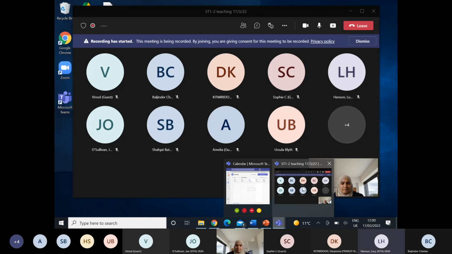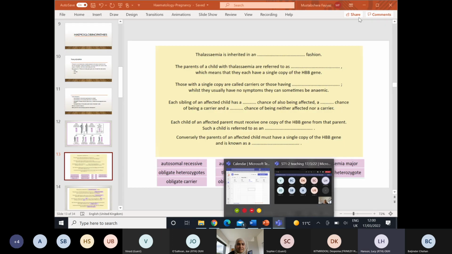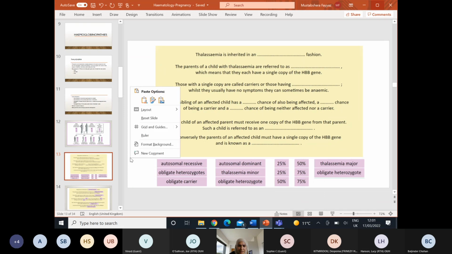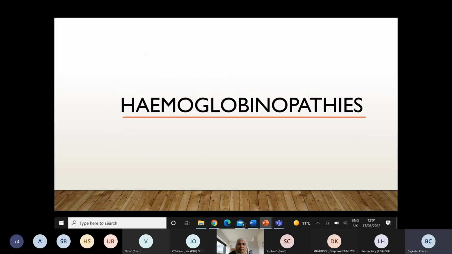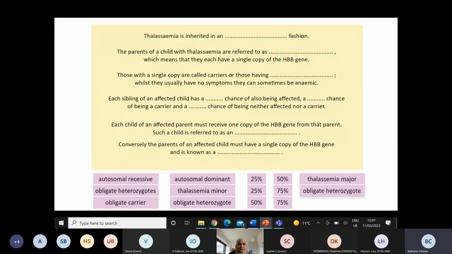Can you still see? I can't see the slide anymore. No, it's gone. Okay, fine. I'll go back. I might just try to do some breakout rooms. If it changes, then hopefully you will go into rooms.